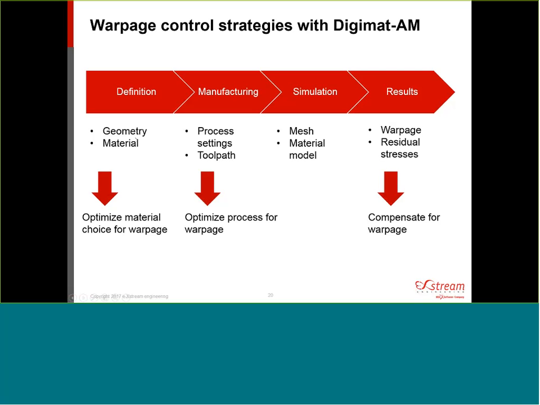And this third strategy is actually the easiest to set up, because it can be difficult to access different types of materials, and it can be tricky to enter into dozens and dozens of process settings. So that's why what we want to propose in the next few slides is a methodology to compensate for warpage.